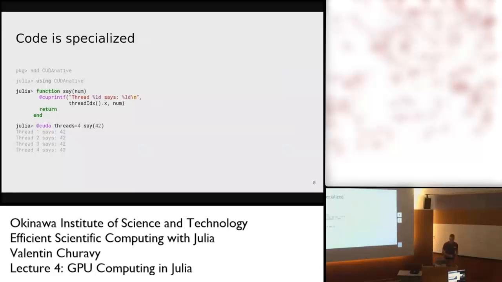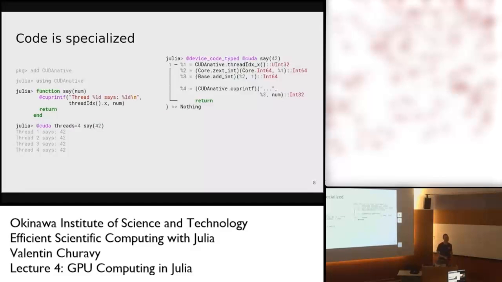The other important thing is that this code, right, is compiled as normally in Julia. So it's specialized code, and we can inspect that similarly to what we did yesterday with all the CPU code. We have a family of functions that are very similarly named. They are only prefixed with device code, and they will output all the device code being executed.